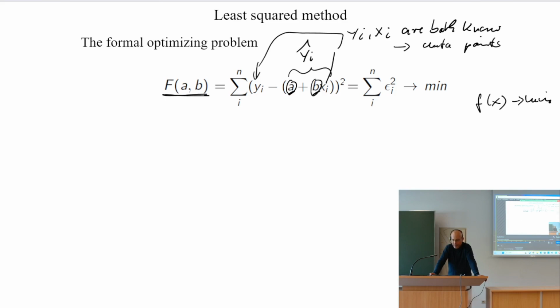I think this you have very often done in your micro courses. If you want to find the profit maximum, profits are pi equals p times x minus c of x. What are you doing in order to find the profit maximum?